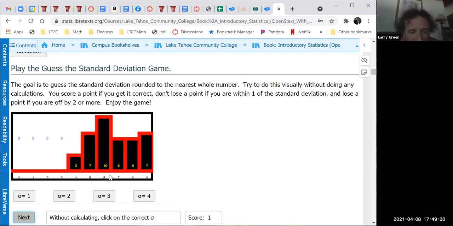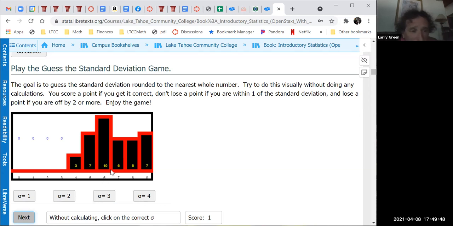What do you think the standard deviation is for this one? Okay, should we try 1? 1, 3, let's see what we got. Okay, so let's take a look at this before I guess. Notice that the mean is somewhere around here.